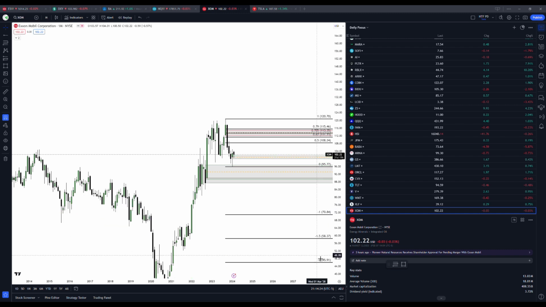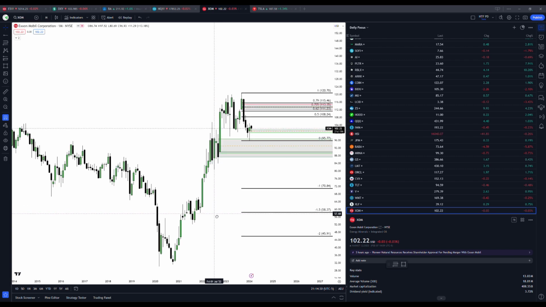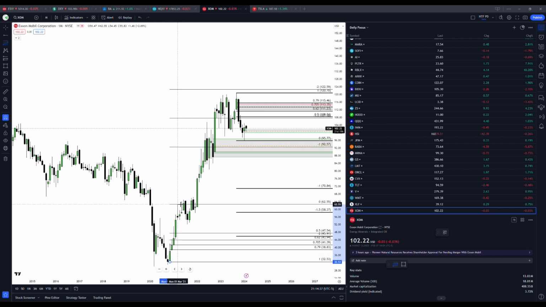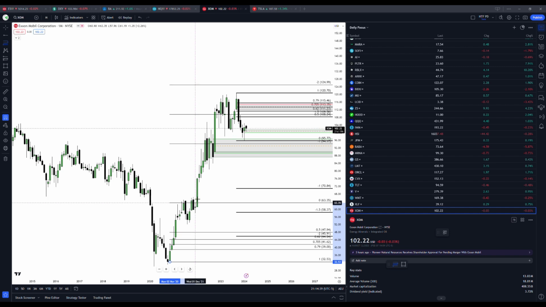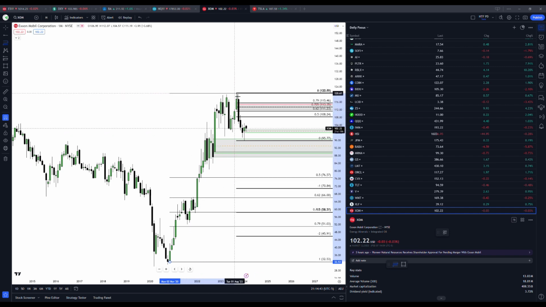Let's see the monthly, because the monthly range could be bullish while the weekly's not. I don't know, man. I'm looking at this. Let's just see. Oof.